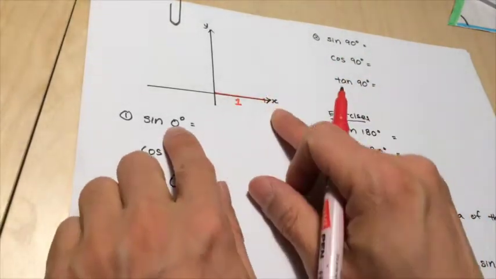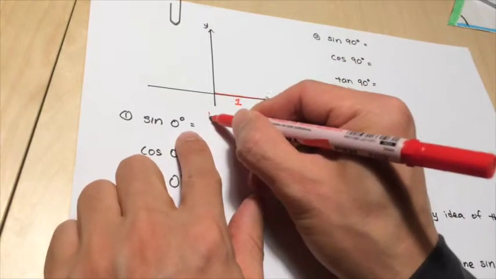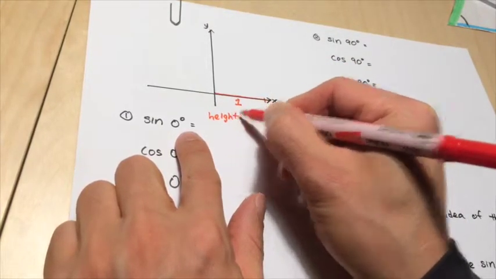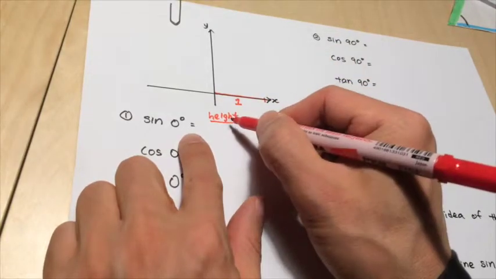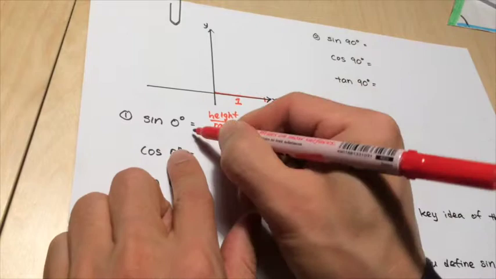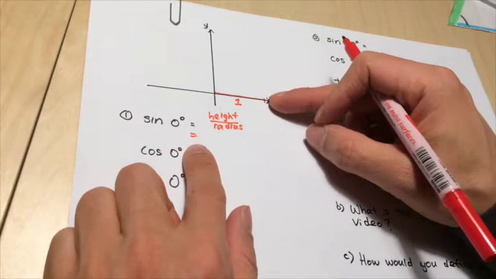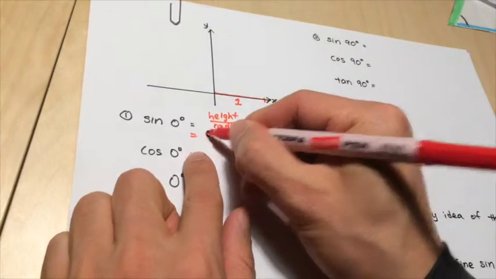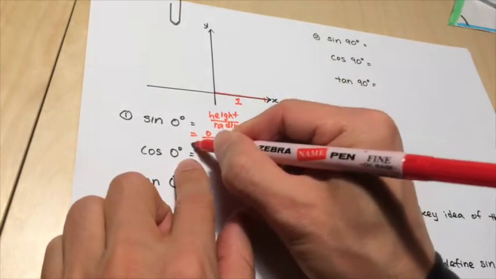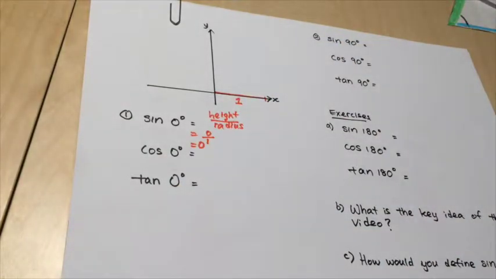And so sine 0 degree, using our definition, that is the height of the right angle triangle over the hypotenuse, in this case the radius. The radius is set to 1. But you can see there is no right angle triangle, so the height of this thing must be 0. So 0 divided by 1, that gives you 0. So sine 0 degree must be 0.